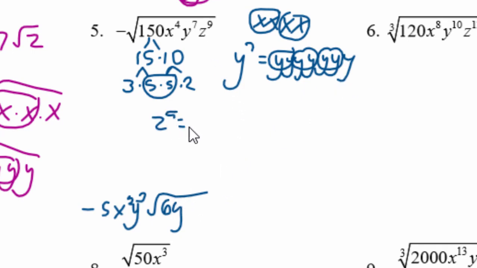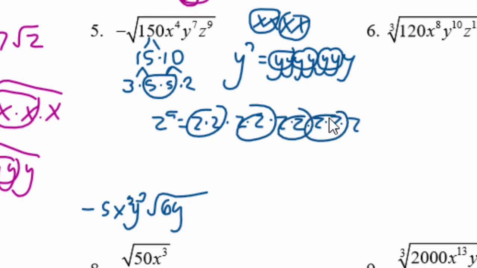How many groups of 2 z's can we make? Did you say 4? Okay, if you said 4, you're right, because that'll take care of the 8 z's, right? 1, 2, 3, 4. So z to the 4 comes out here. Oh my gosh, that's bad writing. And this little extra z stays in here. Okay, let me rewrite that last.